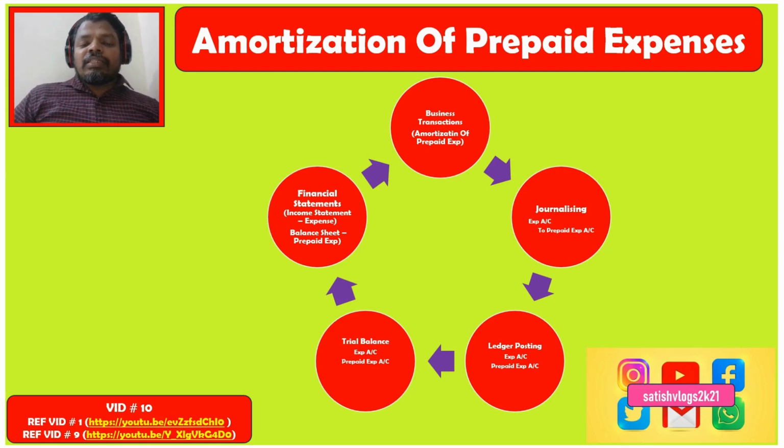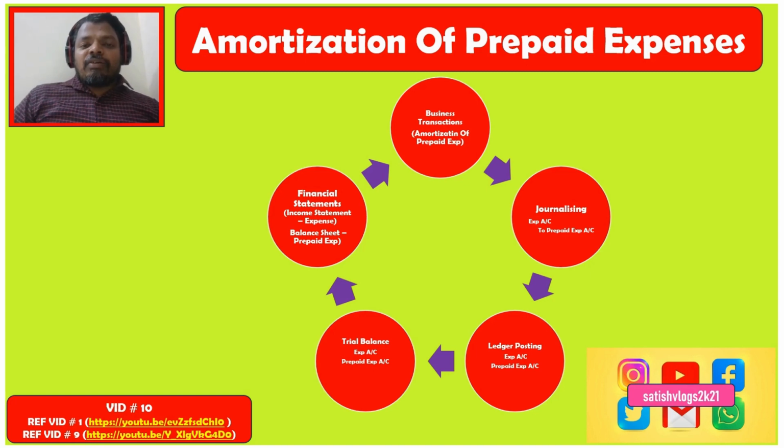What are the critical statements as part of the financial statements? One is the income statement and the other one is the balance sheet. In the income statement, as I had already mentioned, the expense needs to be charged. So the expense would directly hit as a debit in the income statement, right? Which is already available in the trial balance. Now, what is the other account?